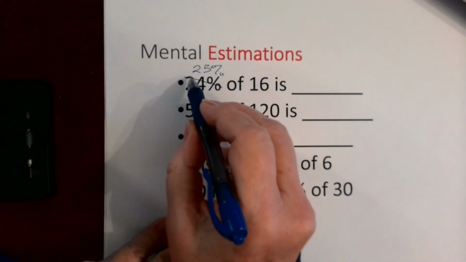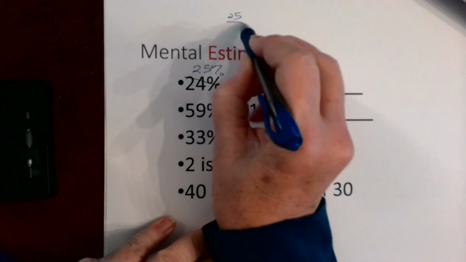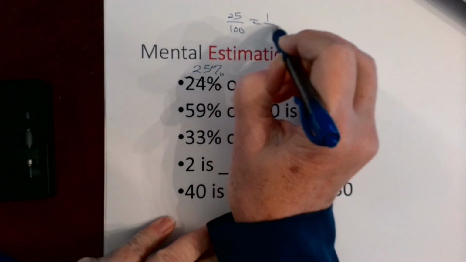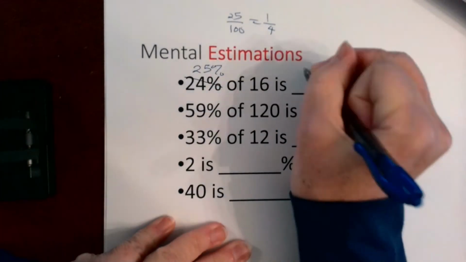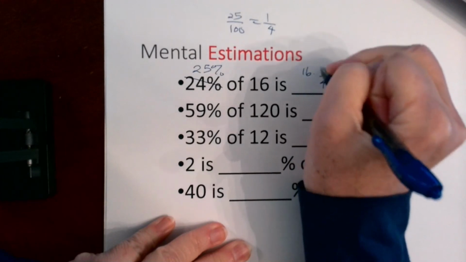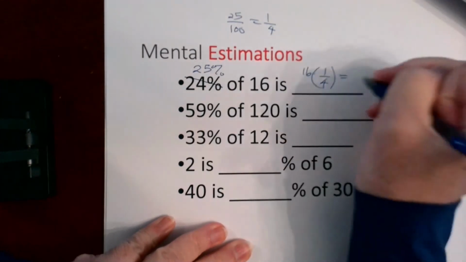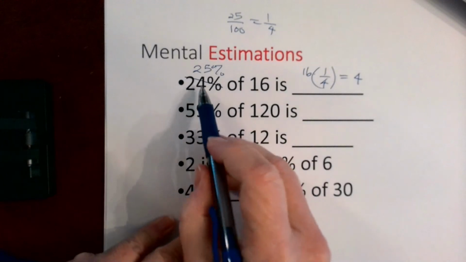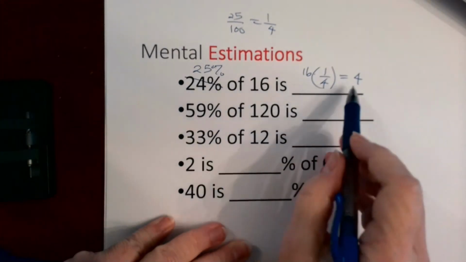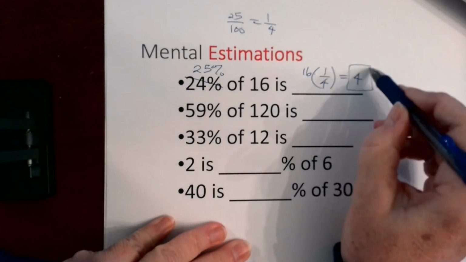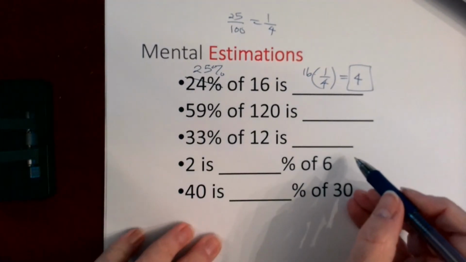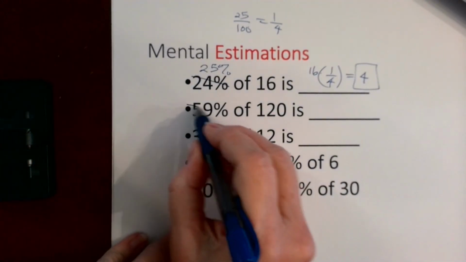Well, 25%, 25 of 100, that's a fourth. I want a fourth of 16. A fourth times 16 is 4. So 24% of 16 is about 4. That's my estimation in my head. It's pretty close. Let's do the next one.